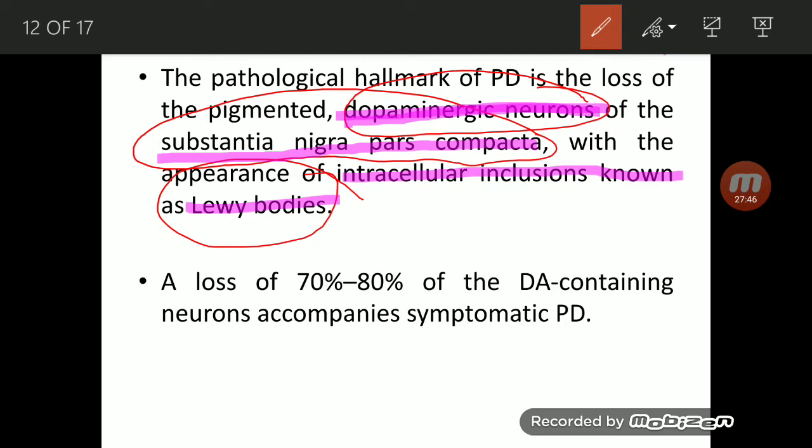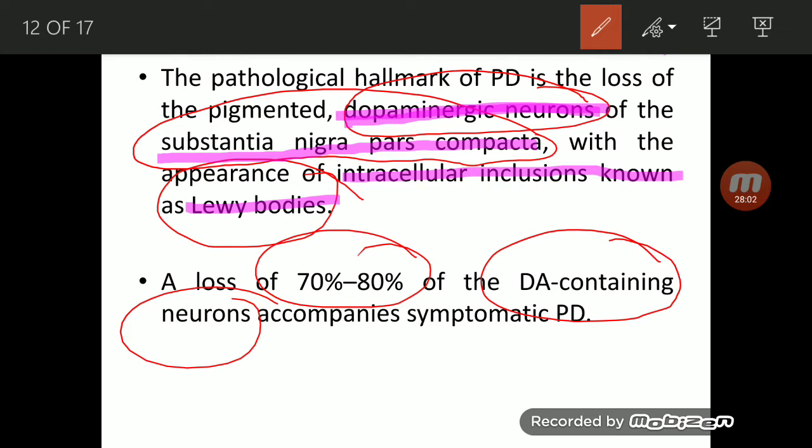Symptoms of Parkinson's are generally seen only when there is destruction of more than 70 to 80% of dopamine-containing neurons.